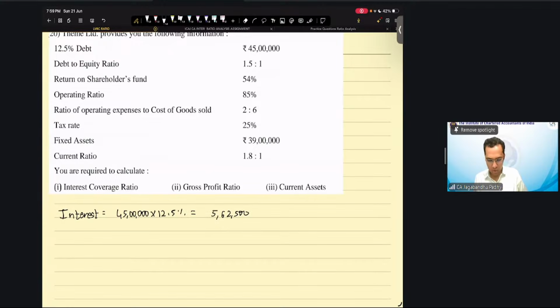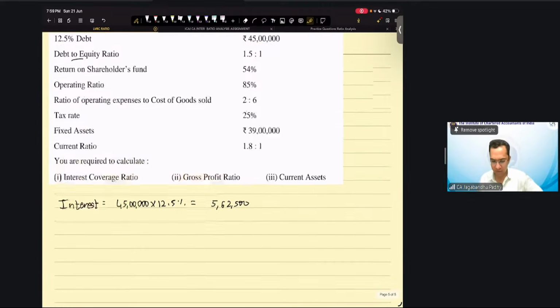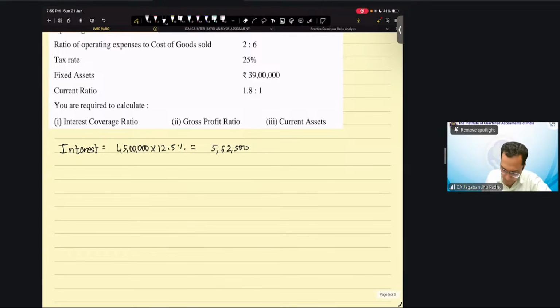Now I need the amount of EBIT. For EBIT, we have the debt to equity ratio and the return on shareholders funds given. Let us first compute the amount of equity.